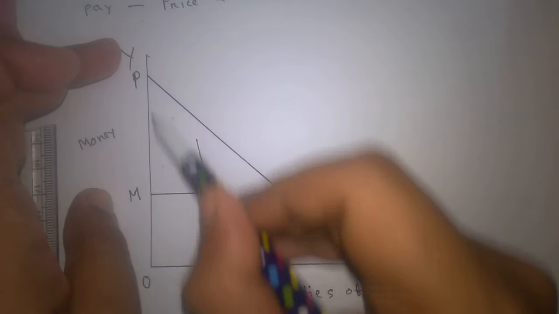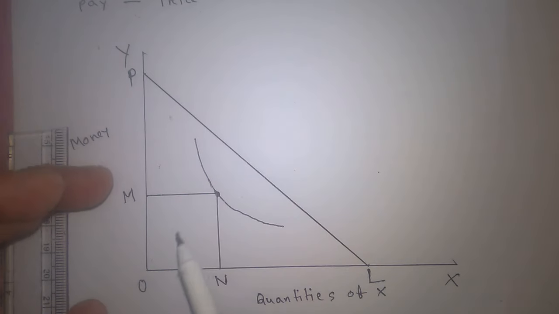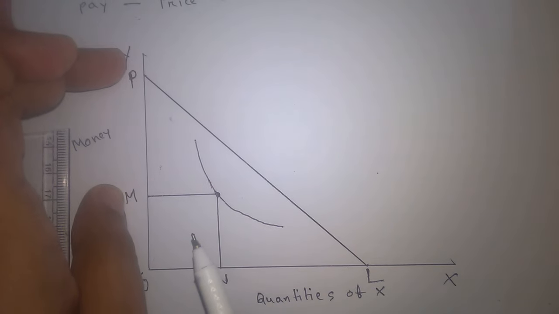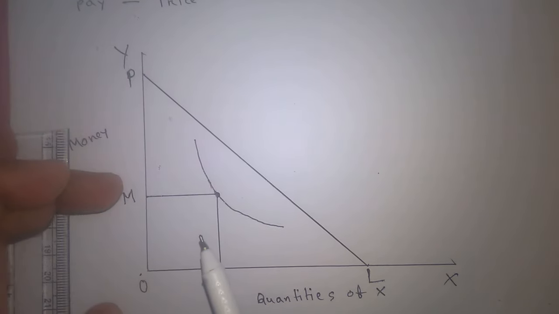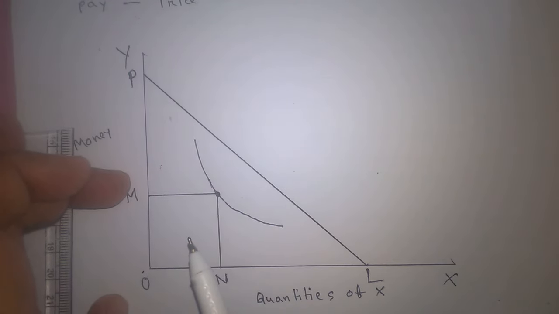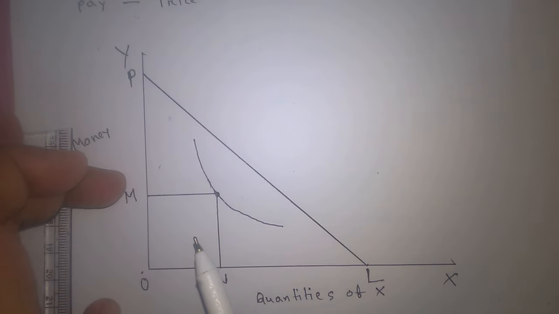So this is your cost. This is what it takes. Then you will have OM amount of money left in your pocket. So this is what you're spending, and this is what you have in your pocket. It's your expenditure, and this is your saving.